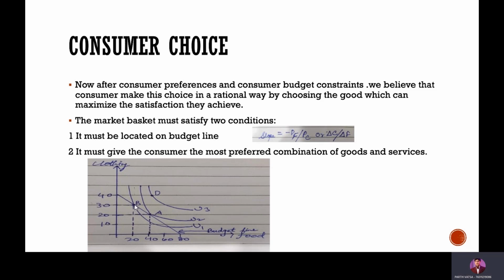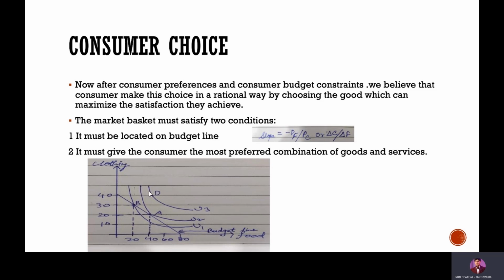as you can see here, basket B would give me a utility U1, and A, which is also on the budget line. These two, B and A, are on the budget line. A would give me a higher level of satisfaction, which is U2.